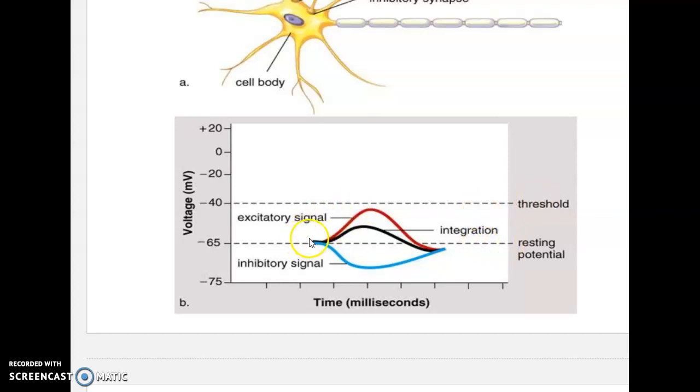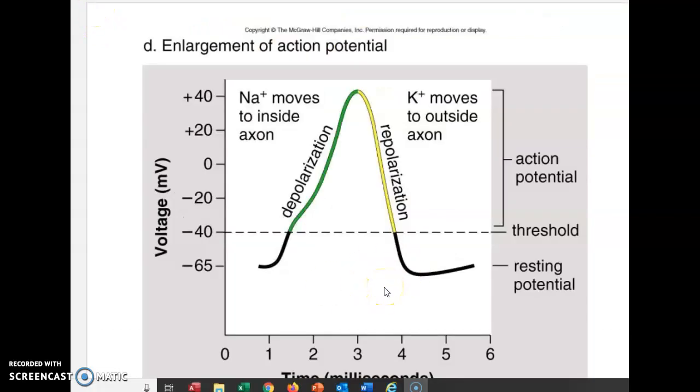Okay? And if enough positive ions flow through, where my excitatory signal and everything else going on allows me to reach threshold, then that will open up my voltage gated channels, and I will be able to send my action potential. So let's look at that for a second. Notice this graph looks a little different from the other because this is actually the signature of an action potential.